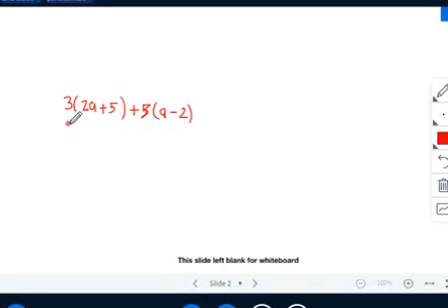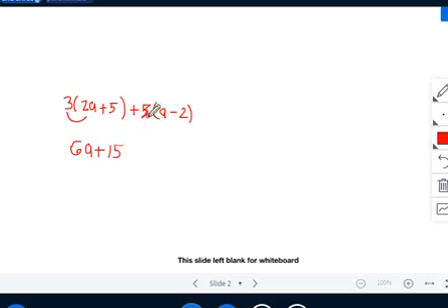Okay. Now this 2 is what? Tell me. When you multiply 3 by 2, you'll get 6a. Then next 3 multiplied by 5 is 15.